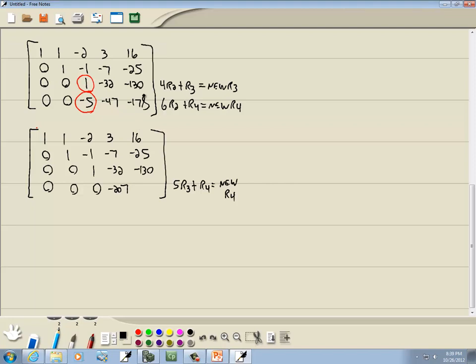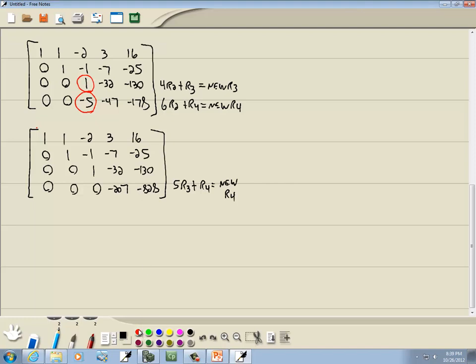Okay. 5 times negative 130 minus 178, negative 828. Okay, negative 5 times that. That gives me 5, 1, negative 650, 750, 828. Yep, that looks good.